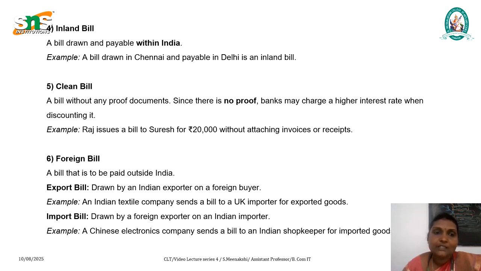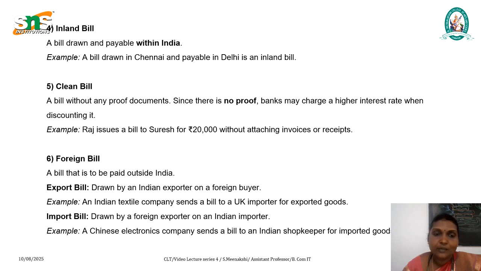As the name indicates, it will not have any proof of the transaction actually happening in the trade. For example, Raj issues a bill to Suresh for rupees 20,000 without attaching any invoices or receipts. Here the transaction happens, but the parties are not providing any proof of the transaction. So it is known as clean bill.